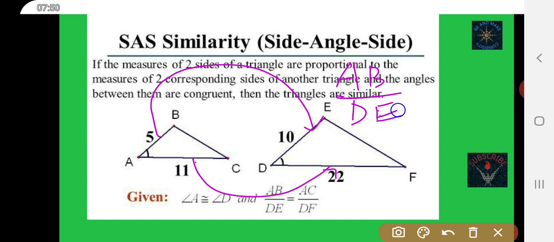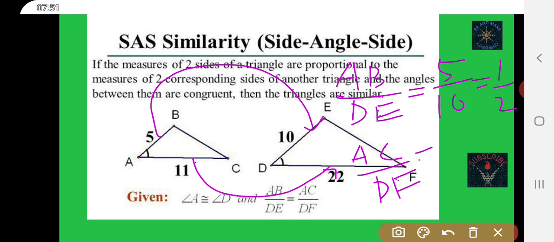Okay, so AB is 5 by 10, then you get 1 by 2. So 1:2. Here AC by DF is equal to 11 by 22.